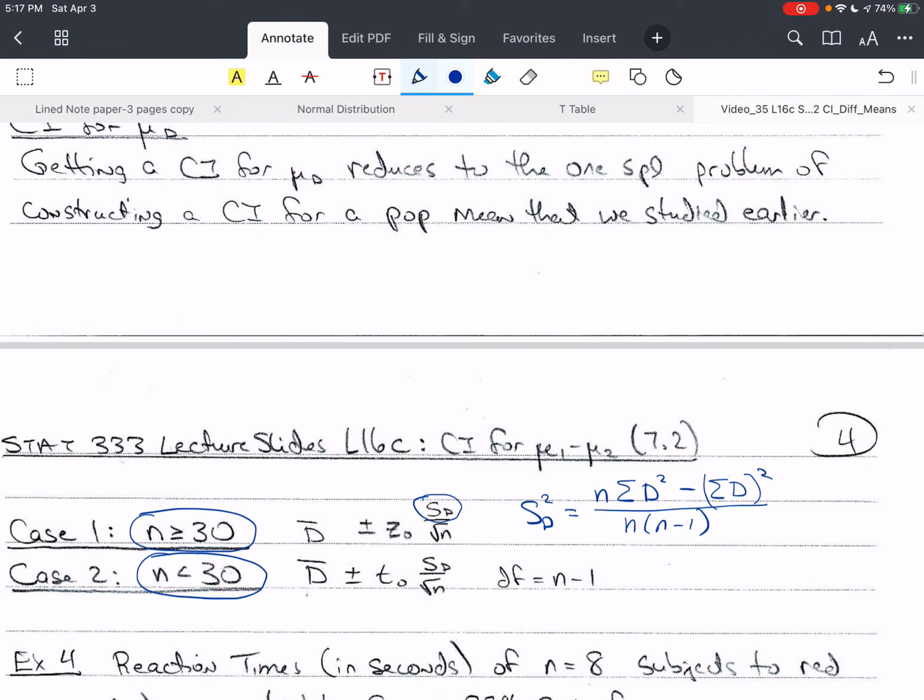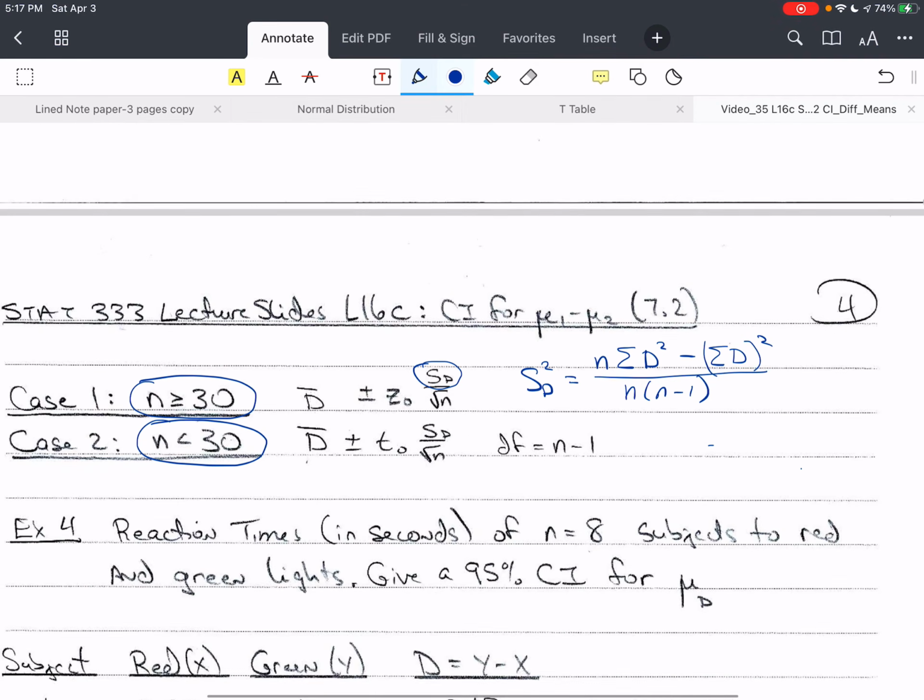Some people use the formula sum of d squared minus 1 over n times the sum of d quantity squared, over n minus 1, I believe. So that's another form of the same equation. Either one of those is fine. I'm used to this one here. I like it because I'm not putting any fractions on the top or the bottom. It's just multiplying and squaring and what have you.